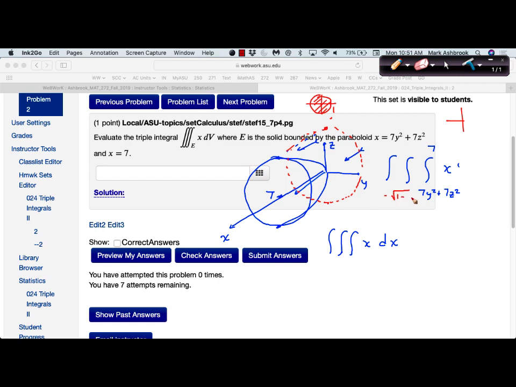So this is the circle y squared plus z squared equals 1. The bottom is negative radical 1 minus y squared. The top is positive radical 1 minus y squared. And then y goes from negative 1 to 1.